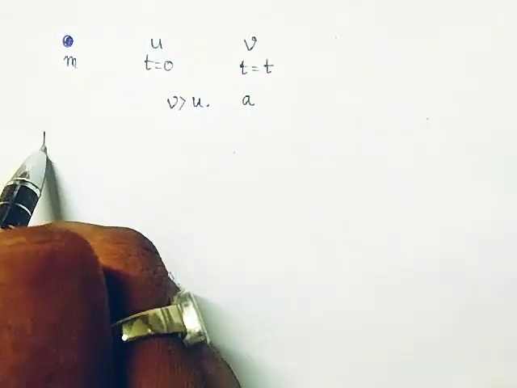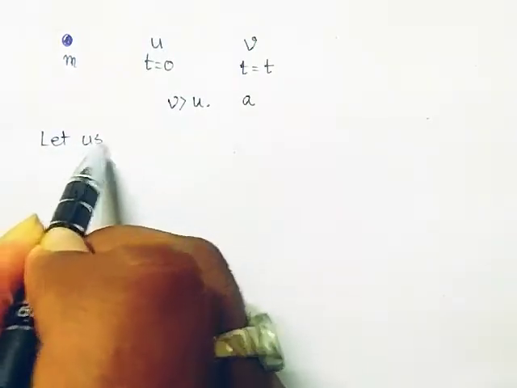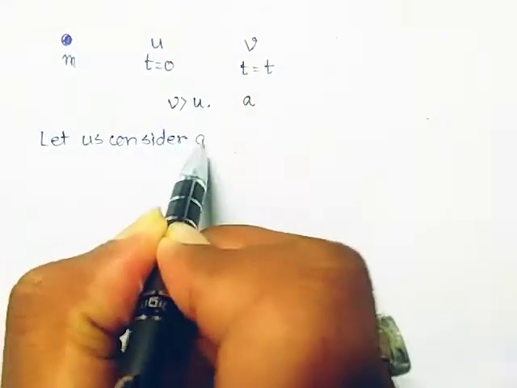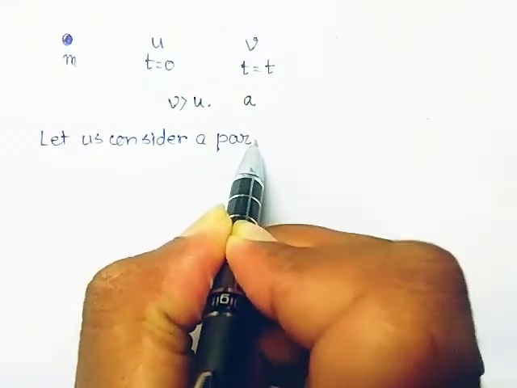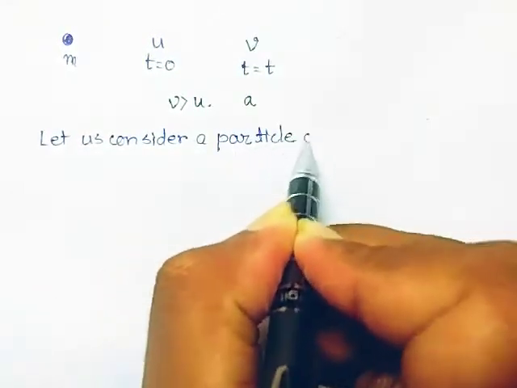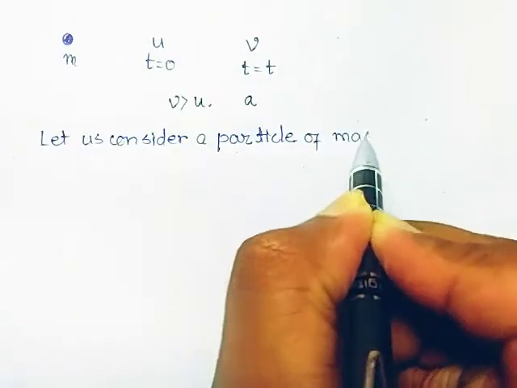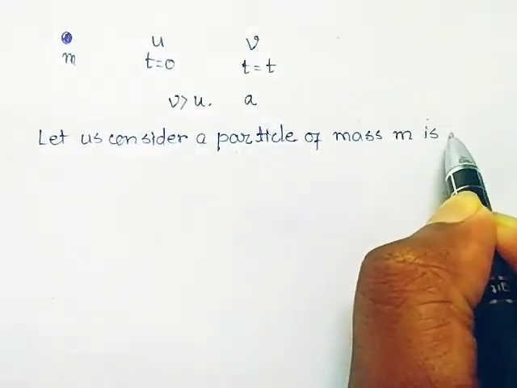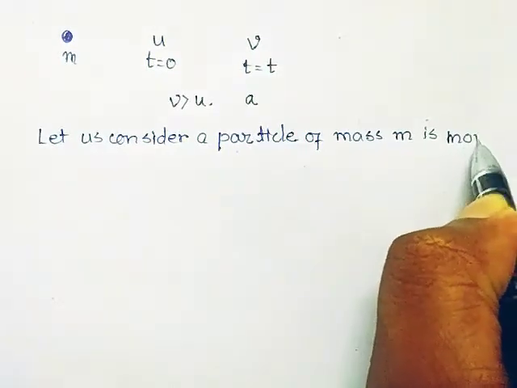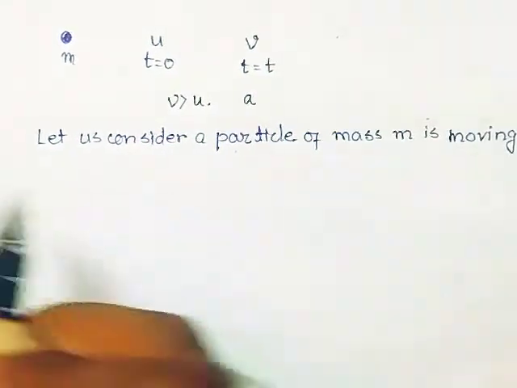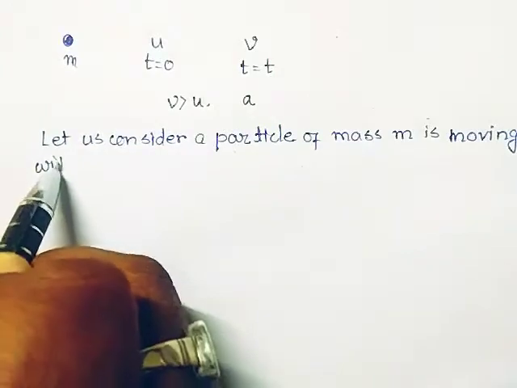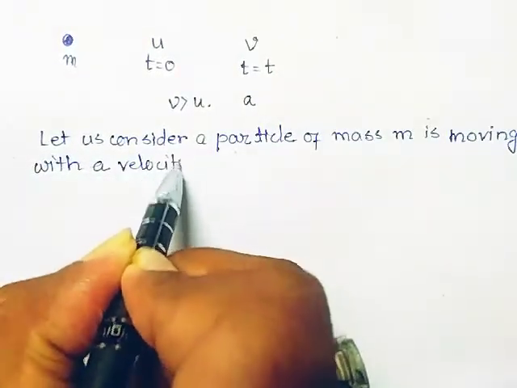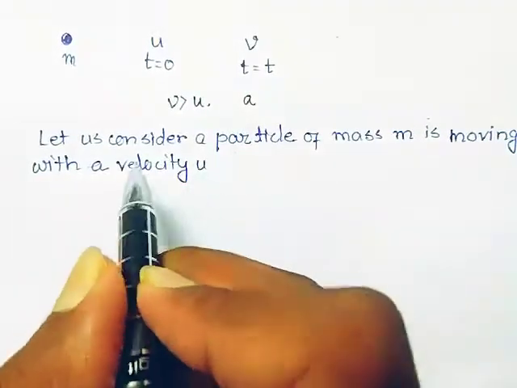So we can write down, let us consider a particle of mass m is moving with a velocity u.